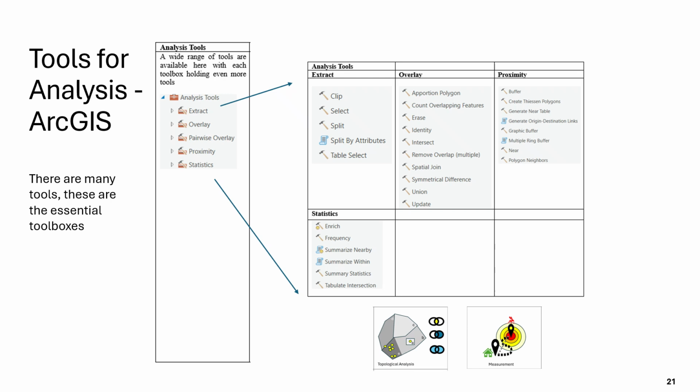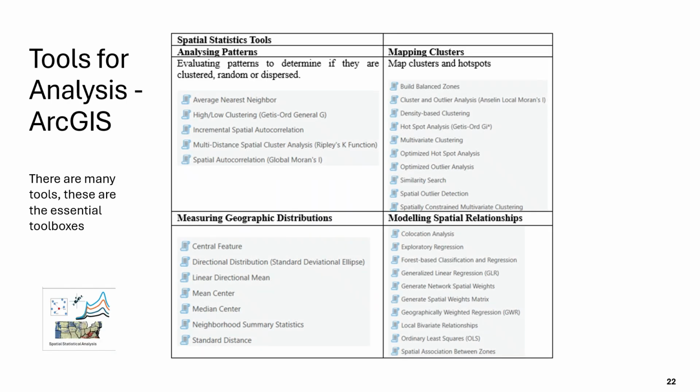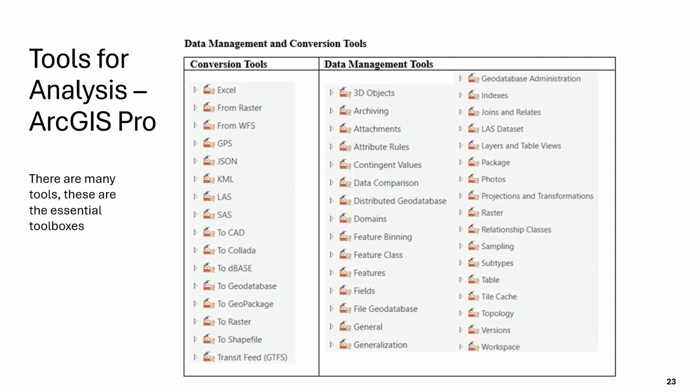These include things like extract, overlay, integrate, looking at distance relationships between features, and so on. We can also analyze patterns, so thinking of the geospatial statistical methods, so that we can also further assess relationships. And then, of course, it's important to be able to manage and transform and convert our information.